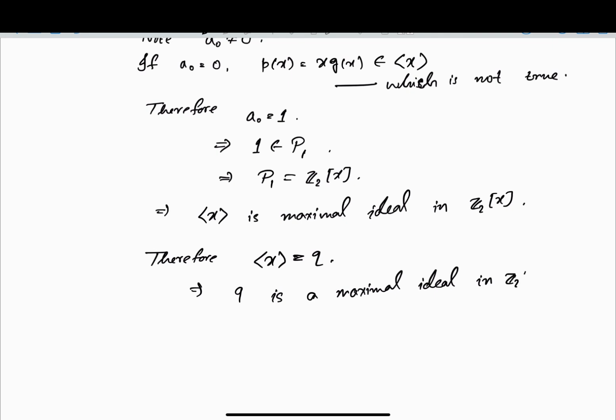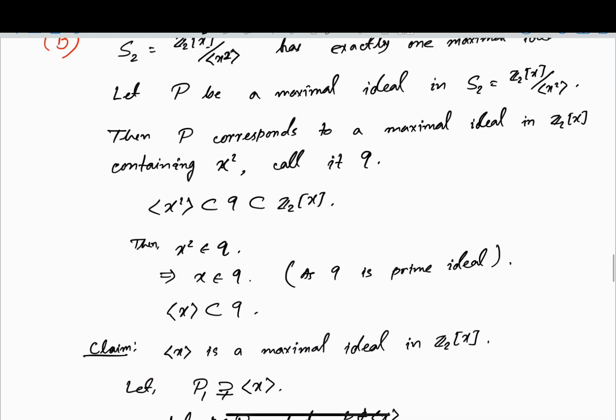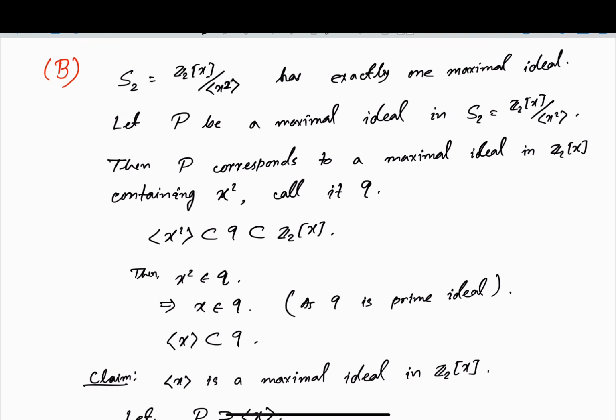So the corresponding ideal P is a maximal ideal, and it is generated by x, right? We started with P a maximal ideal in S2, so P corresponds to a maximal ideal in Z2[x] which contains x square, and we have shown that Q is the ideal generated by x.